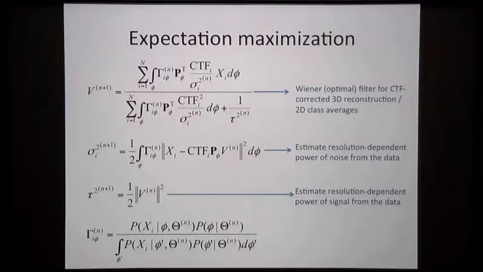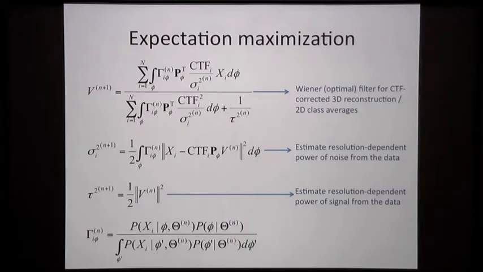Okay? So without you having to tweak any parameters, because it's learning the noise and signal spectra from the data themselves, it does some form of this low-pass filter that you previously had to tune yourself. Okay?